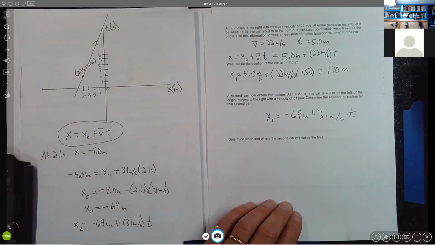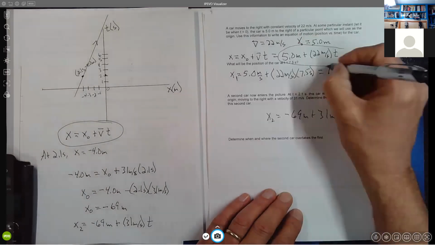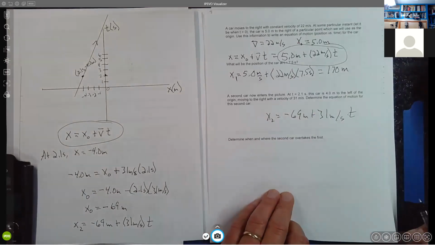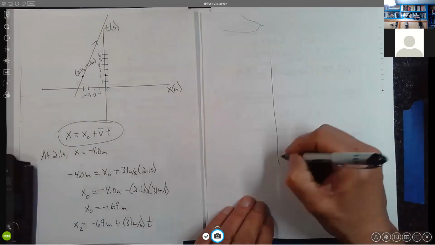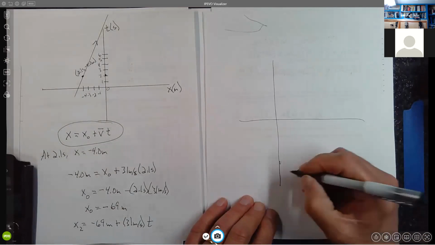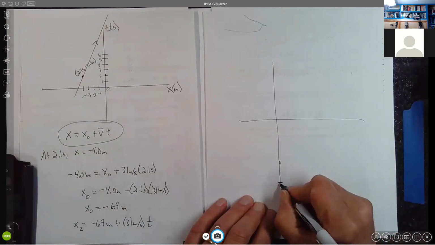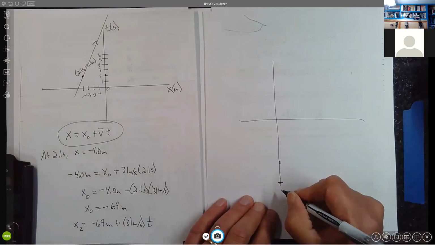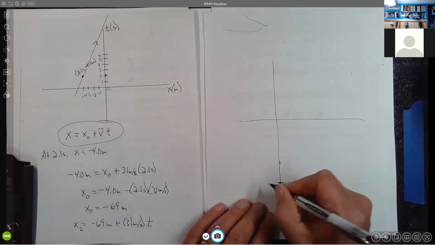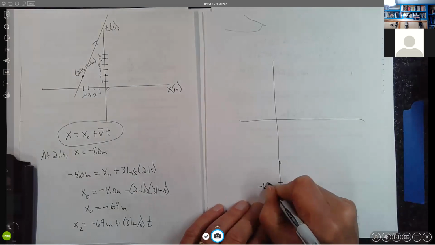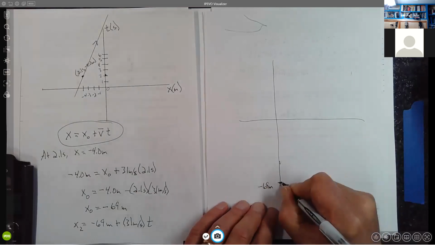By the way, I could make a graph of this. Let's see, that was the first one. Yeah, I could kind of make a sketch of what's going on with this situation. Way down here at minus 69 is where that one is at time 0.